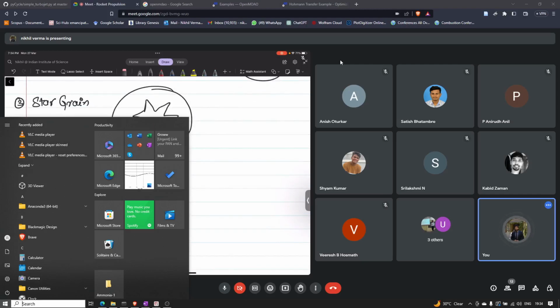Then you can also have a star square grain, something like this.